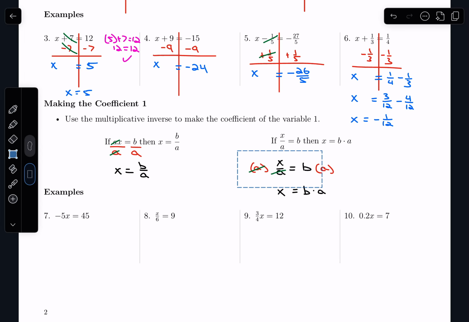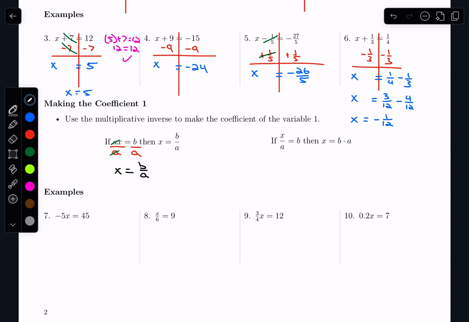Alternatively, though, we can view this just slightly differently, and this is mathematically equivalent. Instead of x over a, I can think of it as 1 over a times x is equal to b. So x over a and 1 over a times x are the exact same thing, because that x is still on top, even if I write it on the side. Now, if I view it like this, the way I solve for x is the same way I did it on the left side originally.